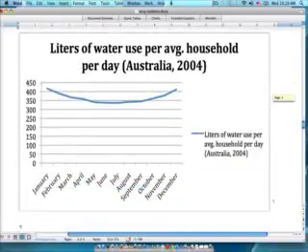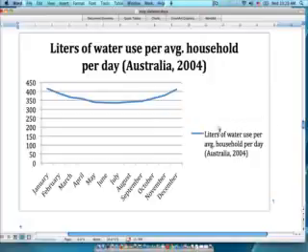graph. And again, I hope this comes across clearly in the video, but I will post it to the blog. The graph reads: liters of water use per average household per day in Australia in the year 2004.